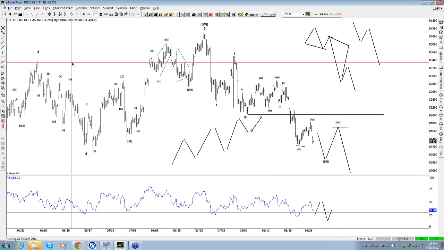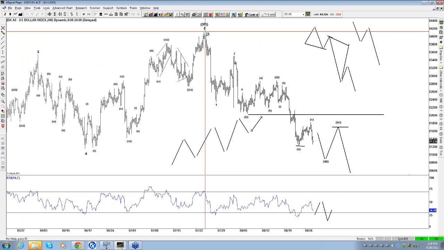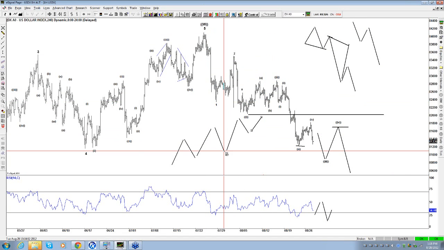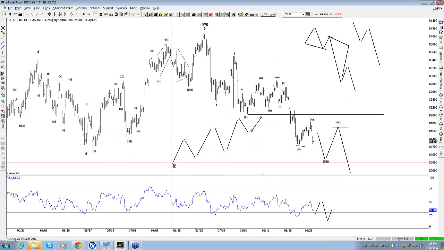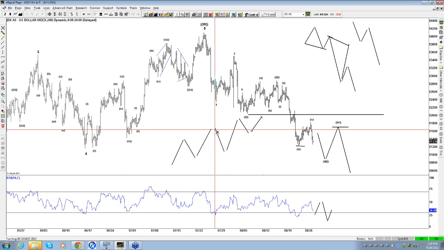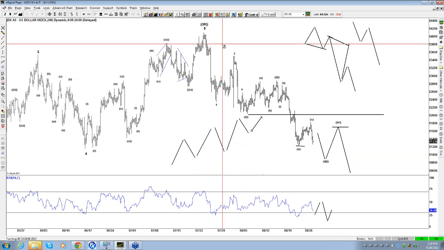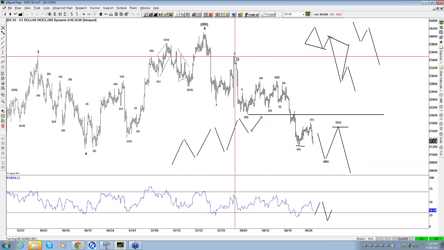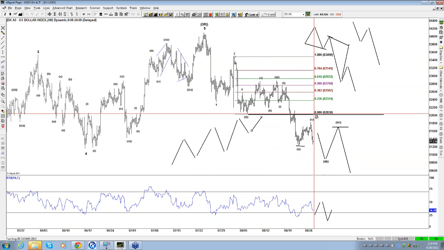And then another thing is that this one went to the 618, but this one in the double zigzag needs to go to the 50 back of this one, all three together. And when you measure all three together, that one didn't go there, but went to the 50 back of the previous one.